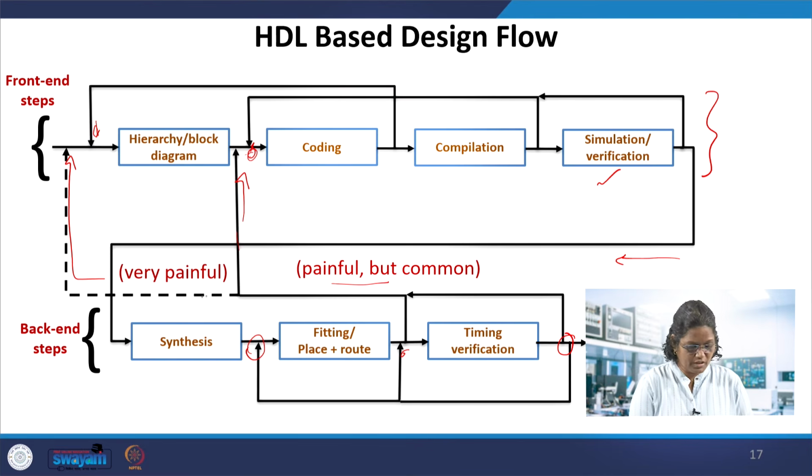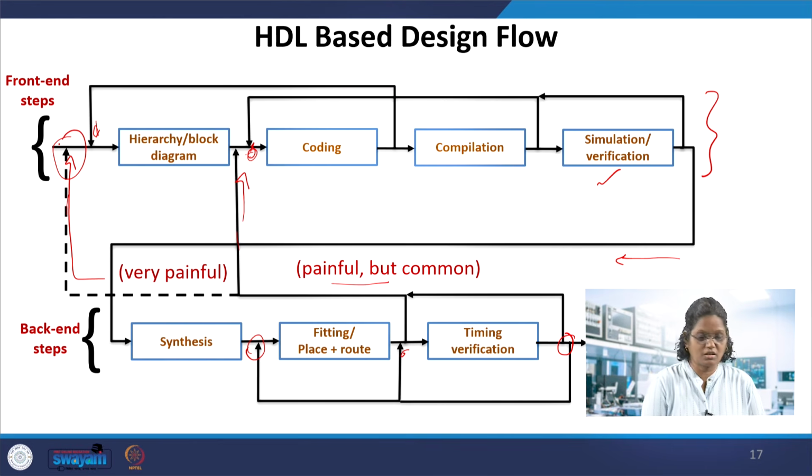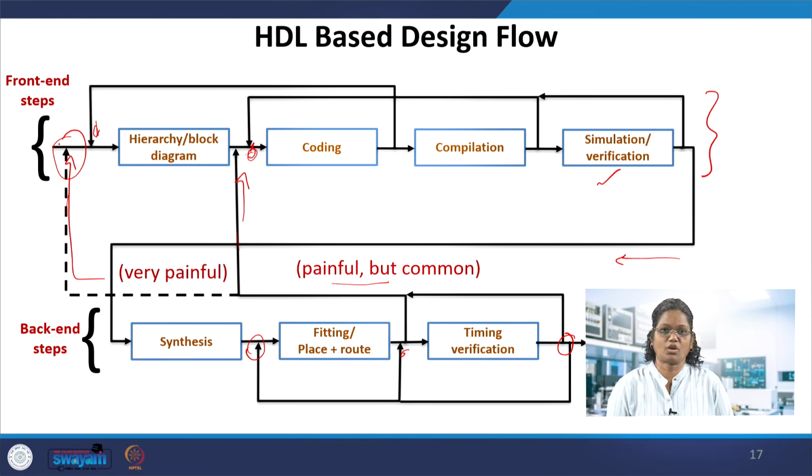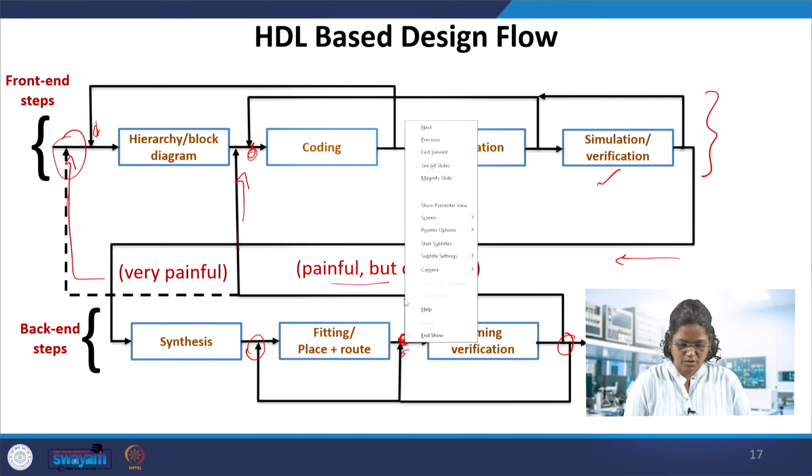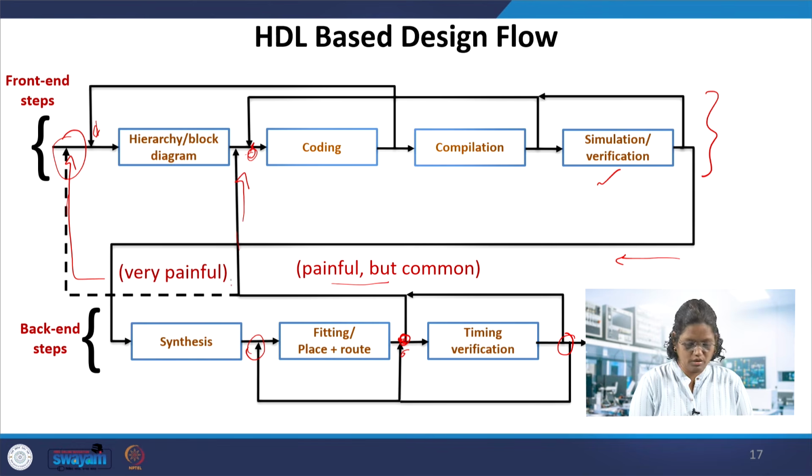But if the design has to be changed, because it's not fitting, or the timing analyzer is not available, after fitting it may say that the design doesn't fit. So either we change the code, or the design itself. There are multiple paths from the fitter output and the timing verification, so we have to go and change the design here.